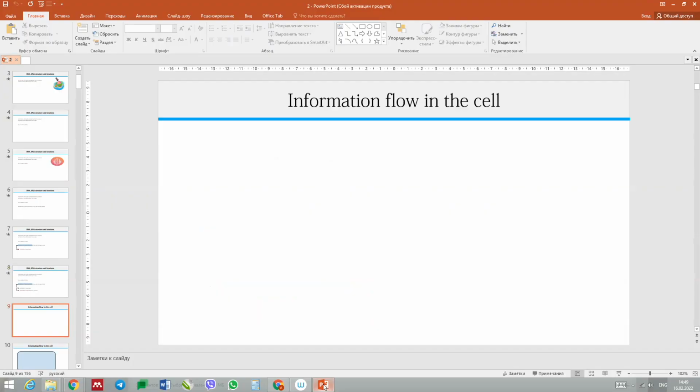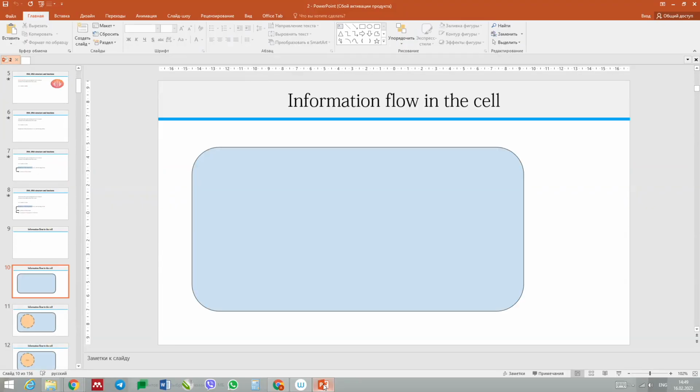I would like to show you a brief but essential concept of information flow in the cell. So let's imagine that this is a cell and this is a nucleus. When you study nuclear structure in more detail, you will see, as you actually see also now, that the nuclear membrane or nuclear envelope has certain holes, or nuclear pores.